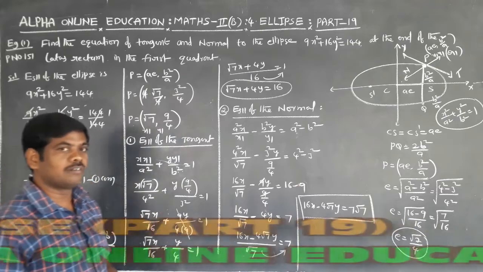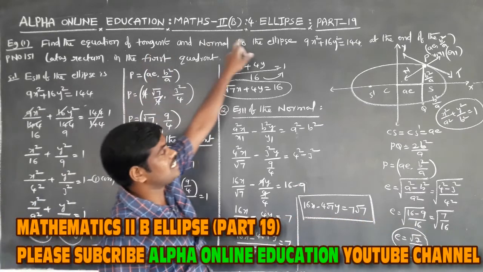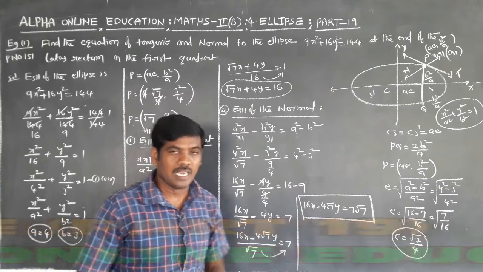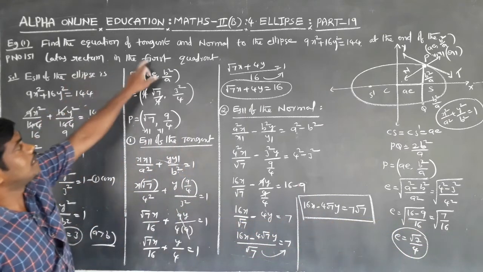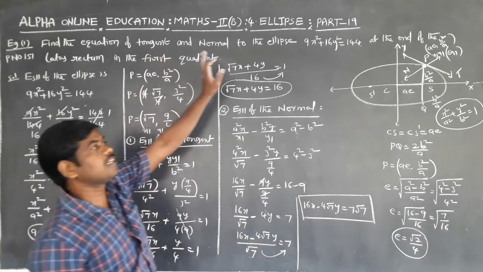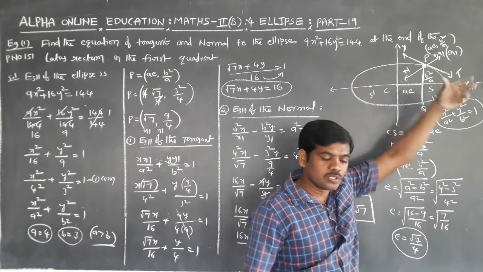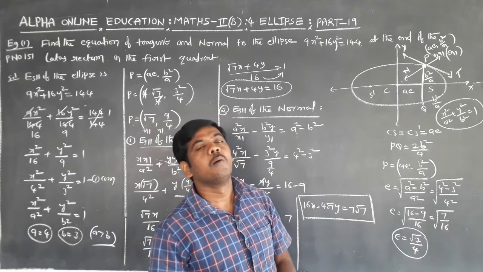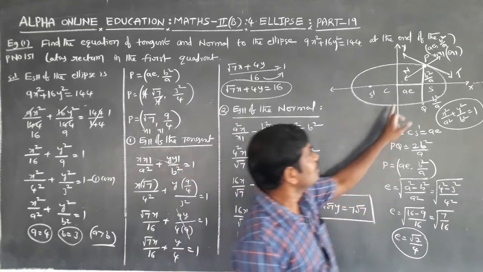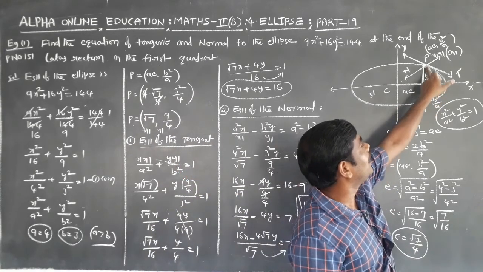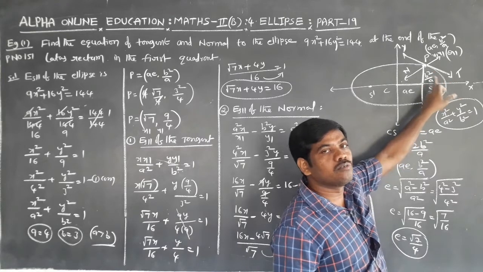So here, find the equation of the tangent and normal to the ellipse at the end of the latus rectum in the first quadrant. Here P is the end of the latus rectum in the first quadrant. First of all, we find the point. Here CS is the x coordinate, PS is the y coordinate.